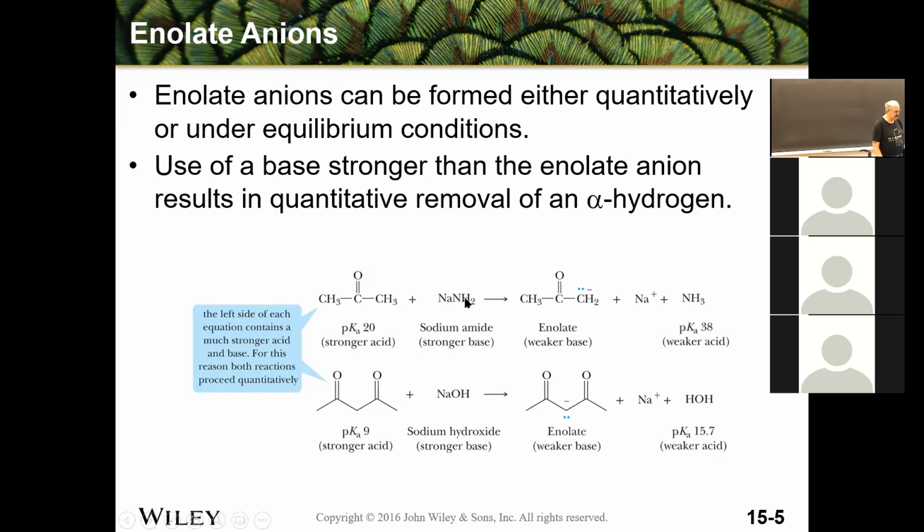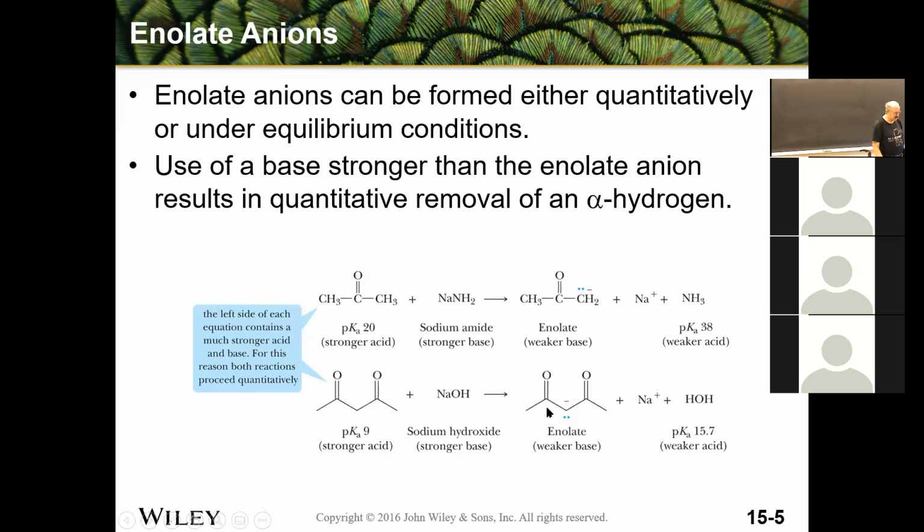Okay, if we were to use sodium hydroxide, then it would be an example of under equilibrium conditions. Okay, in other words, you still have a lot of starting material left. Okay, if we have a beta diketone like this, the pKa of these hydrogens is about 9. And so sodium hydroxide does take this all the way to product.